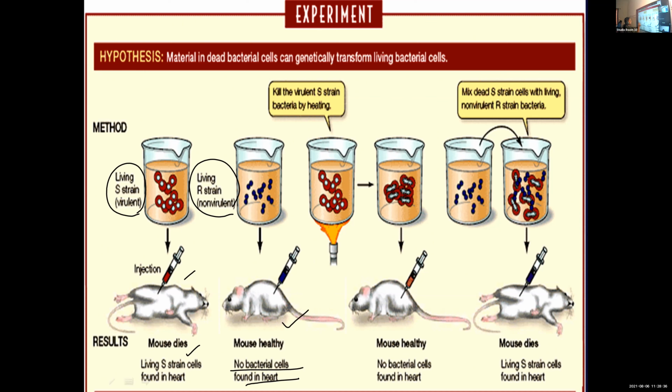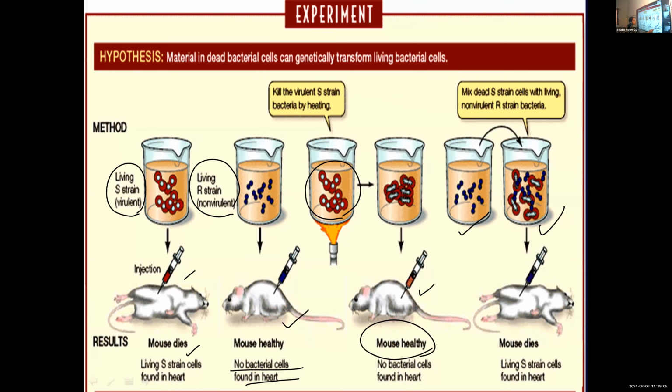Then in the third case, S strain bacteria were heat killed and then injected. So here also the mouse was healthy because it has become non-virulent upon heating. Then the last case, they made a mixture of both: living R strain and heat killed S strain.